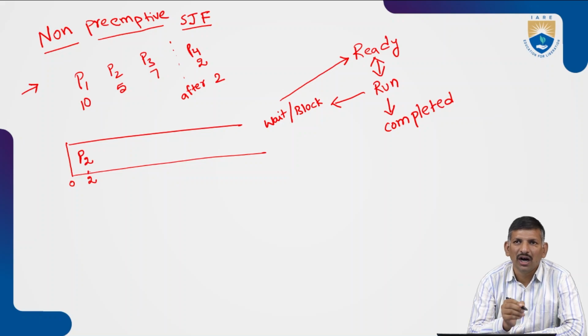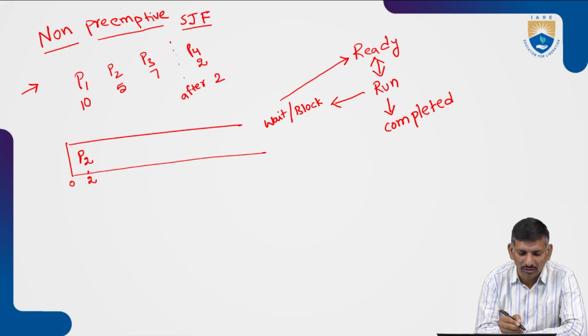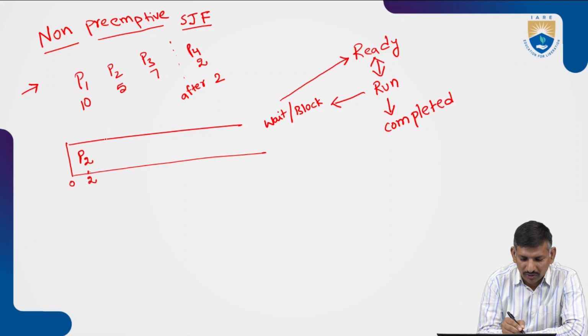Non-preemptive means after completion of the currently executing task, only then will a new process be scheduled for execution. So first complete the P2 execution, which takes 5 milliseconds.